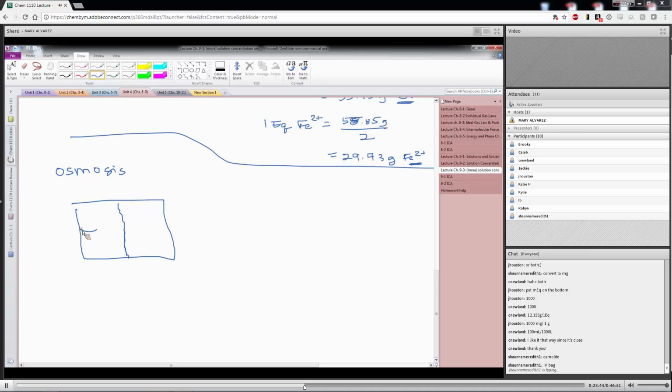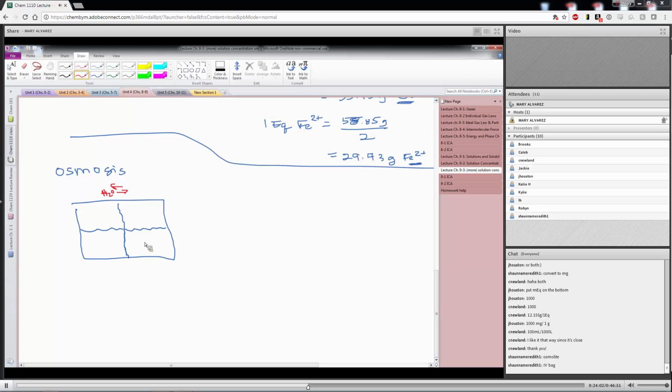So let's say I've got a solution here on both sides, and water can cross the membrane, can go back and forth, but ions cannot because water is smaller and not charged.